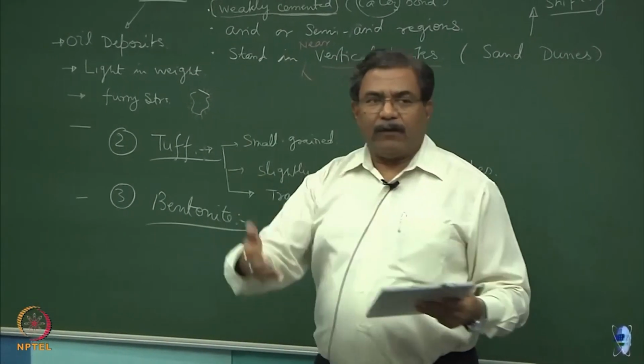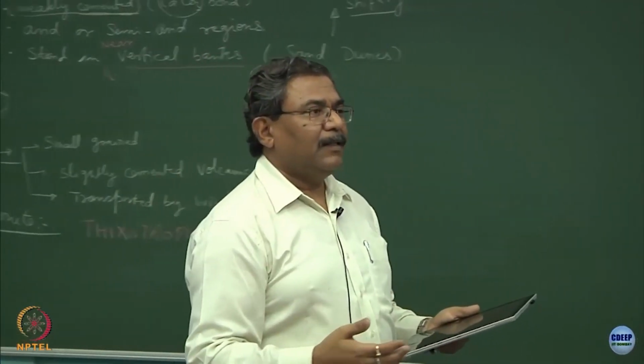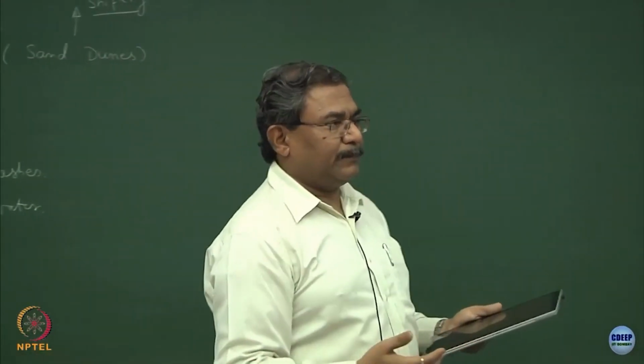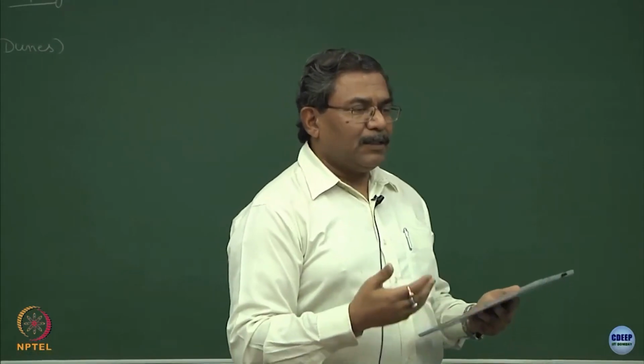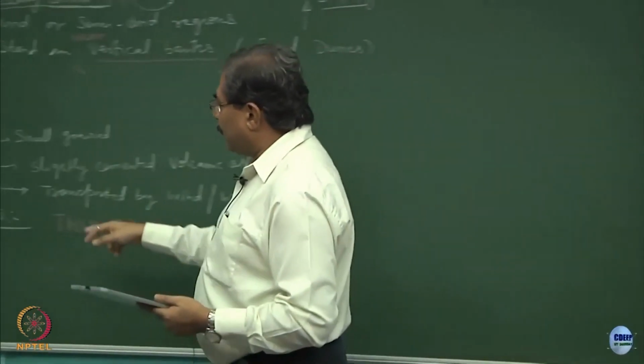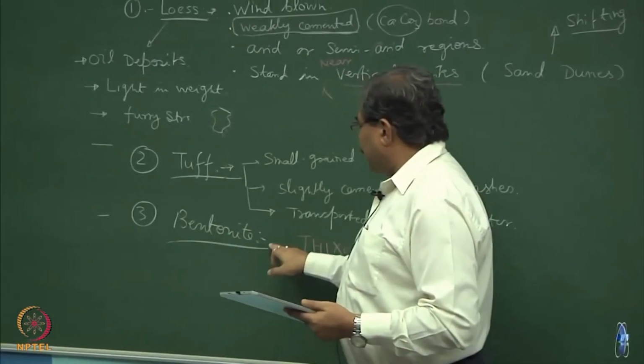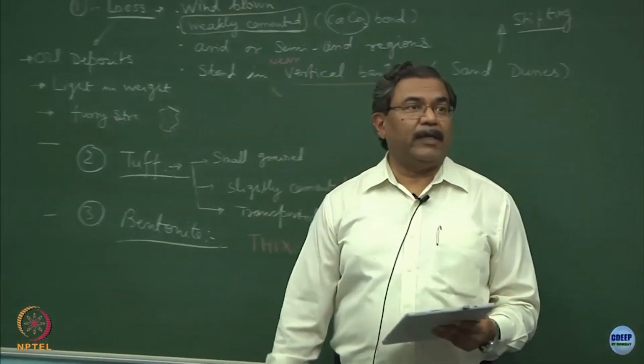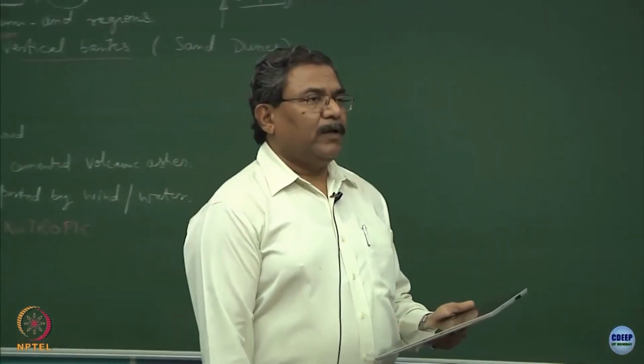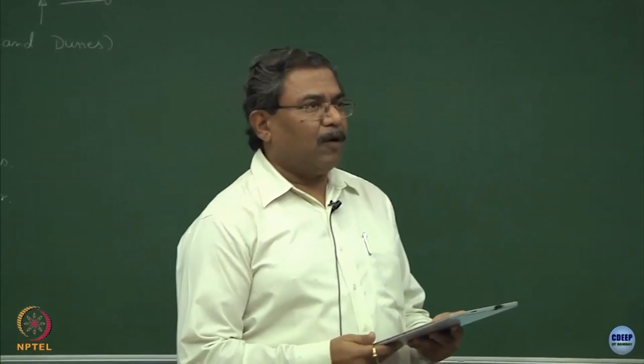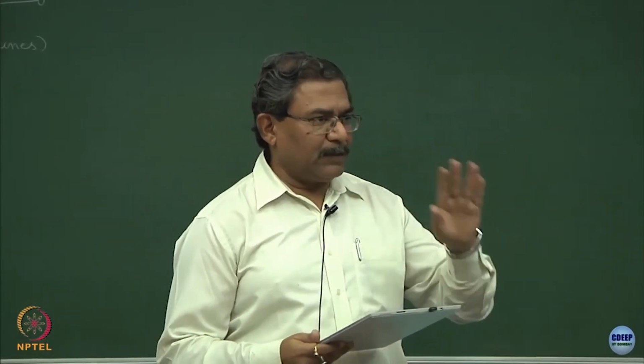And again, if you leave it for some time, the material again gains strength, alright. So, this is a fundamental property associated with the minerals, and incidentally bentonite happens to be belonging to the family of montmorillonite. We will discuss about this later, alright.